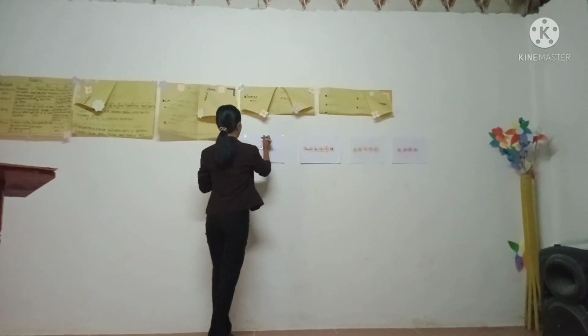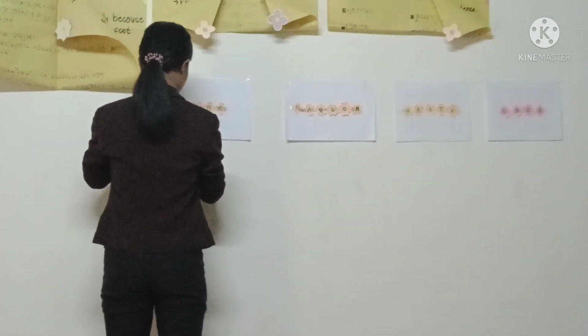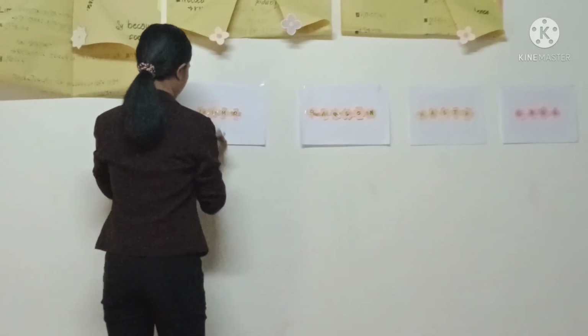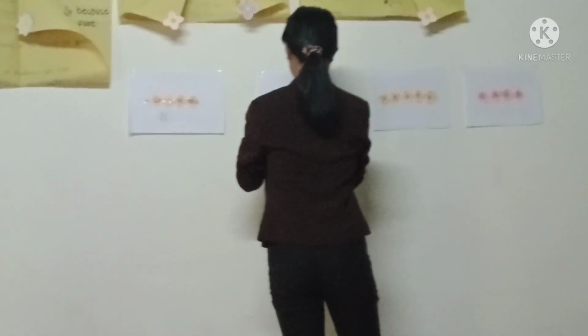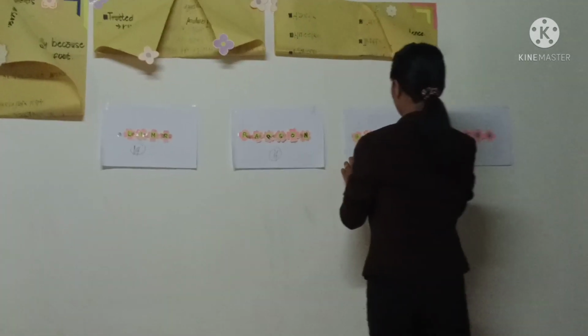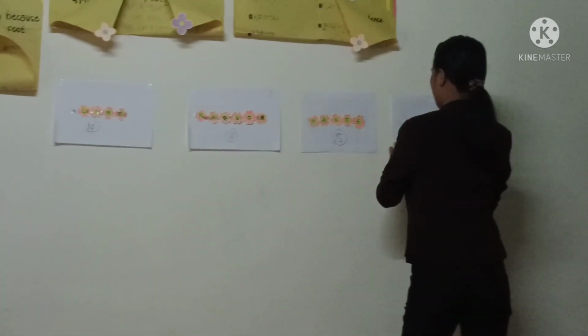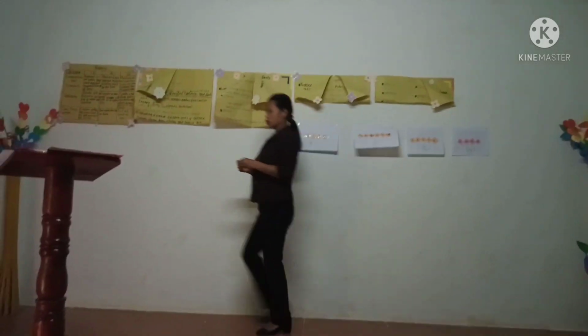For group 1, I will give you 14, then group 2, 15 also, then for group 3, I will give you 15, and group 4. So those are your scores.